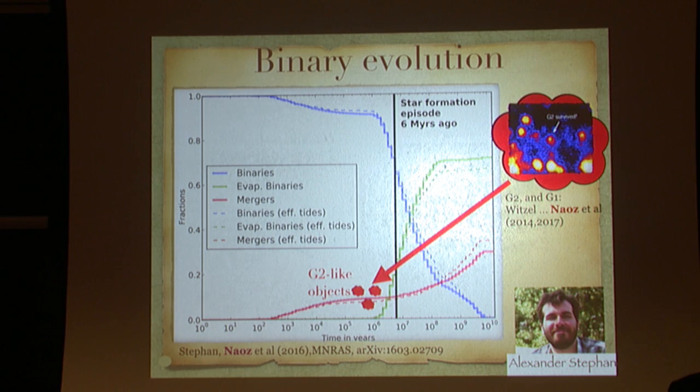And then, after we had Duquennoy and Mayor, we asked how many are actually stable for long-term evolution, because I want to be able to use my approximation. So this is our epsilon, and I can talk about stability a little bit later. And also we used the Mardling criterion, and we rejected everything that did not agree with this criterion. So we were left with fewer binaries than we started with.